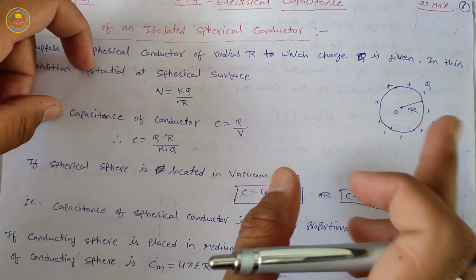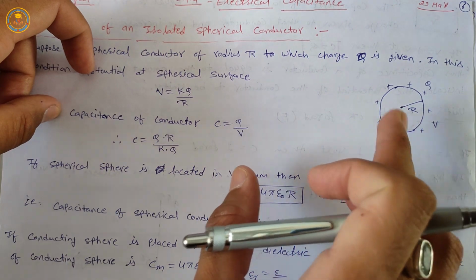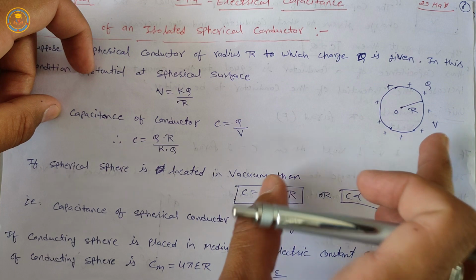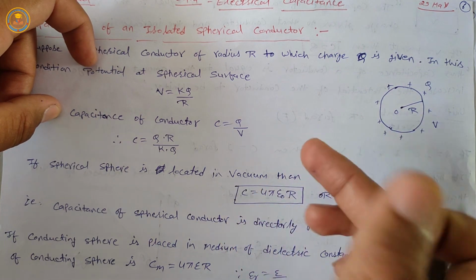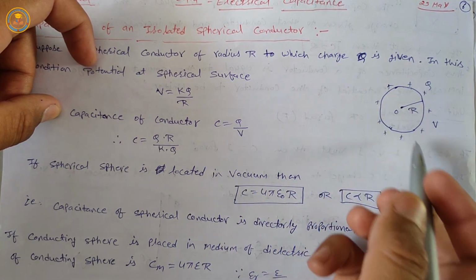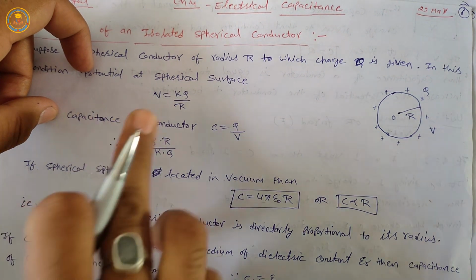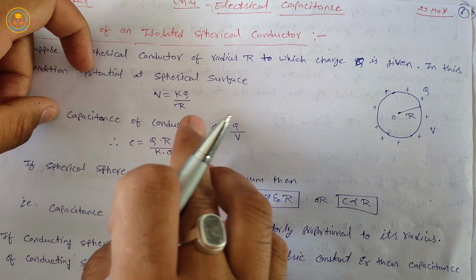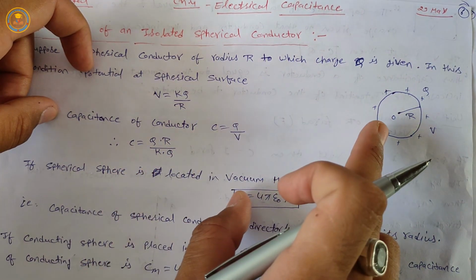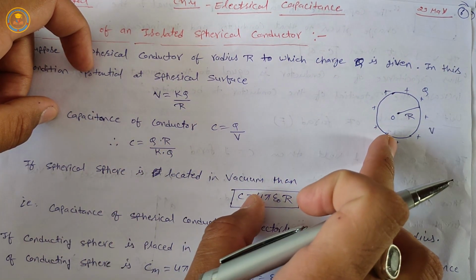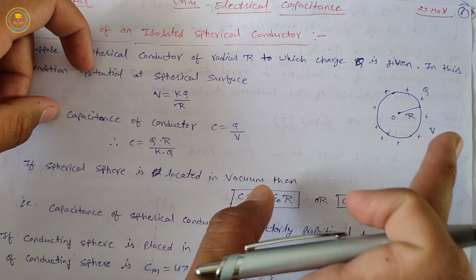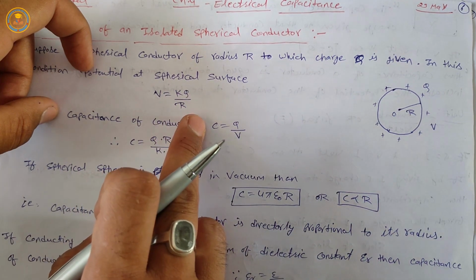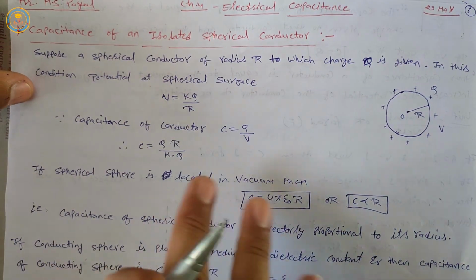If we give some charge Q to this conductor, then the electric potential produced on this spherical surface is V. We know that the electric potential due to a spherical conductor on its external surface is equal to kQ upon R. Okay, this is the electric potential.